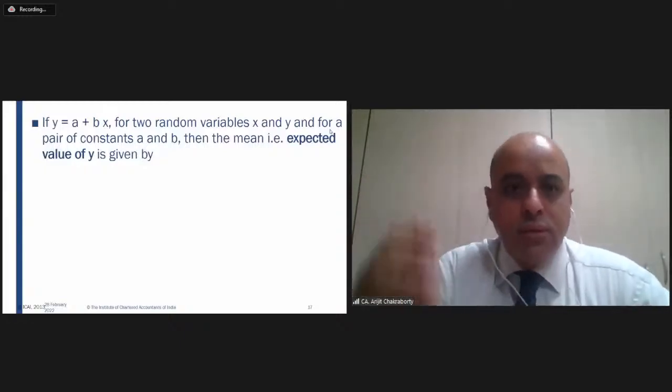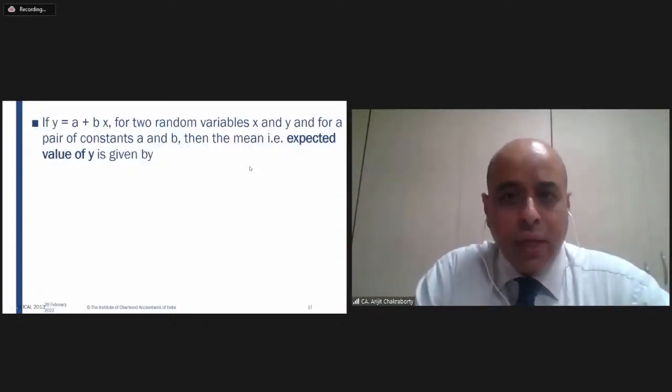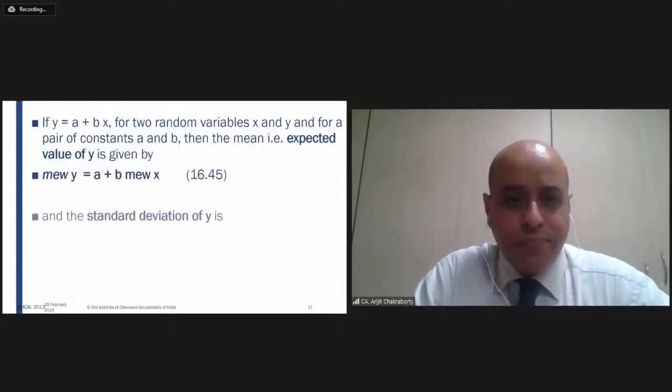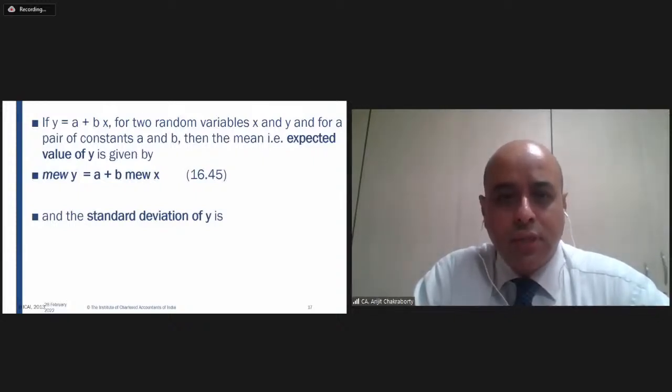If y is equal to a plus bx, and you know the expected value of x, and you have to find the expected value of y, the formula will be mu y is equal to a plus b mu x. Please note here mu is basically the expected value. Mu y is equal to a plus b mu x.